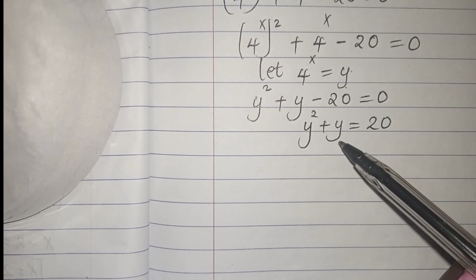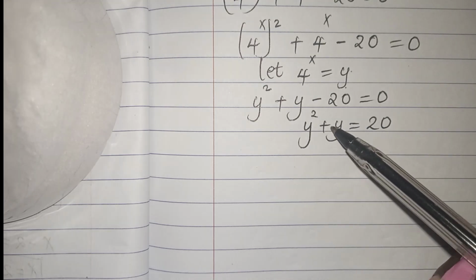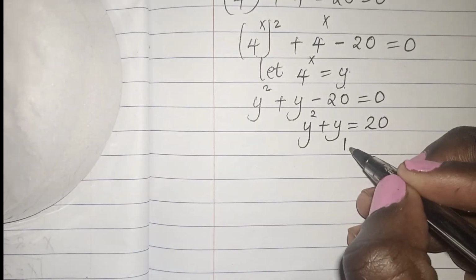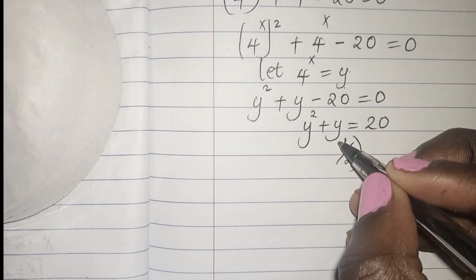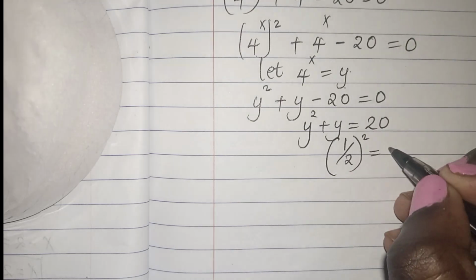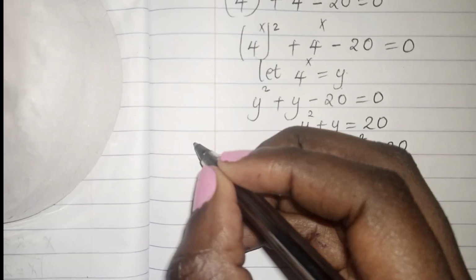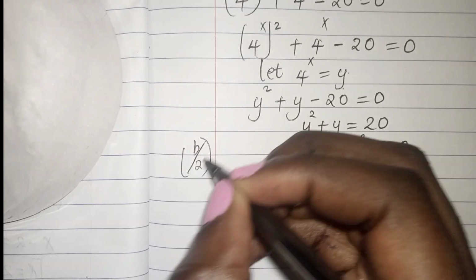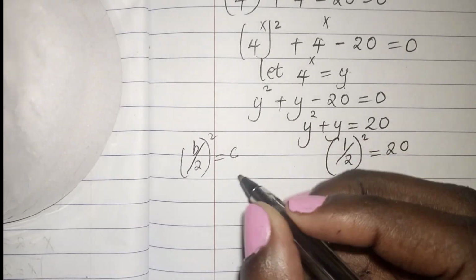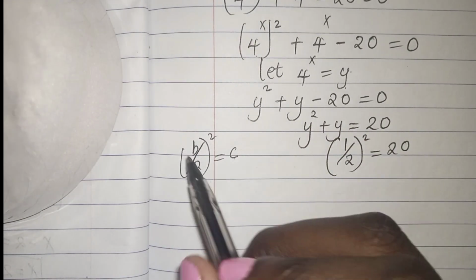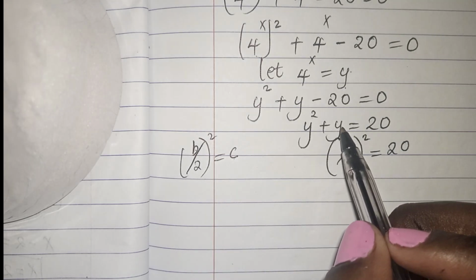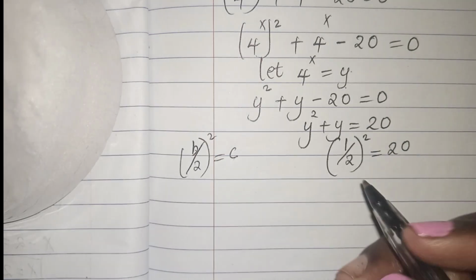So our next step is to take the coefficient of y, which is 1. So (1 over 2) squared is equals to 20. So this is (b over 2) squared is equals to c. Our c is this constant 20 and our b here is the middle term, the coefficient of y, right?